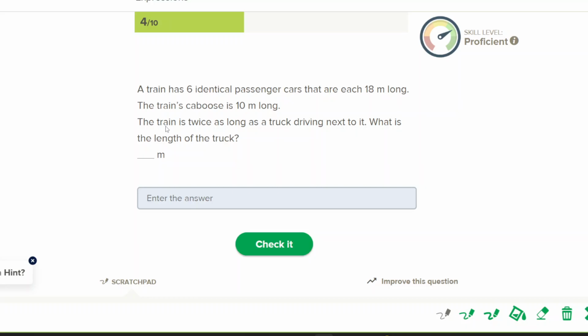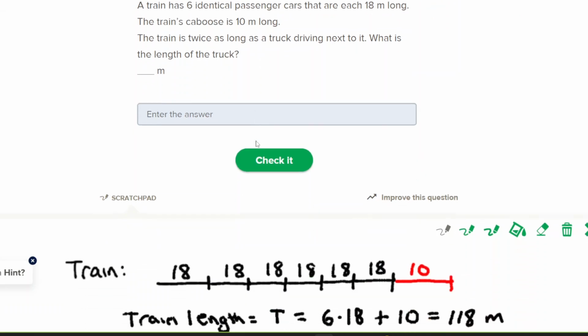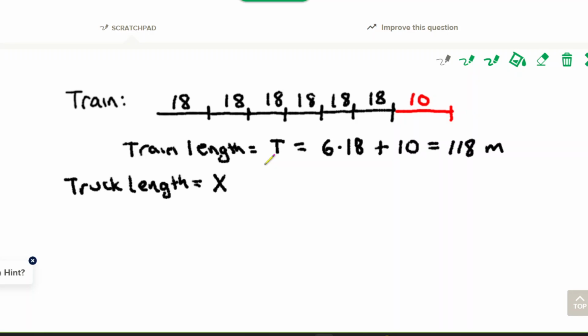So the length of the train, which I called T, equals twice the length of the truck. So down here, I'll write this equation: T equals 2 times the length of the truck.